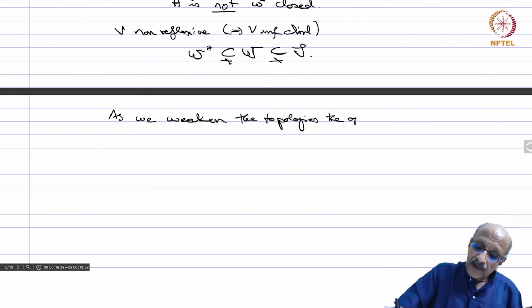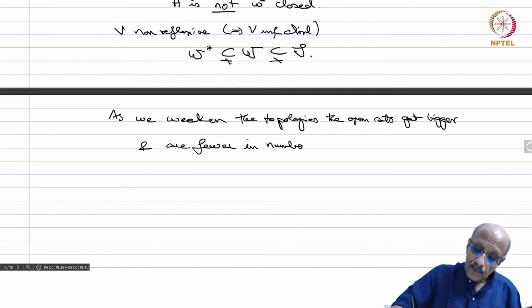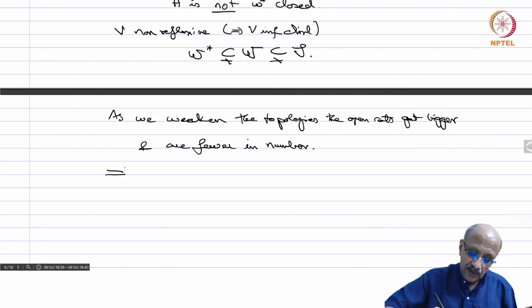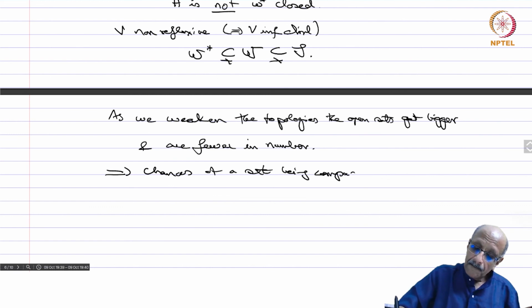the open sets get bigger and are fewer in number. So, this means chances of a set being compact improve.